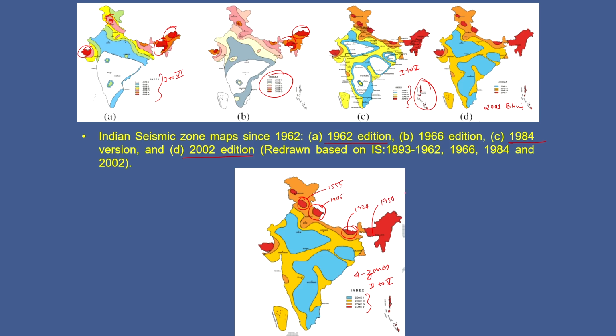So this is based on that. Again, in this part we had earthquakes in 1819, which was recorded by the British at that time, and then 2001. In between this period there was another one, 1956. So again this region was categorized in zone 5.